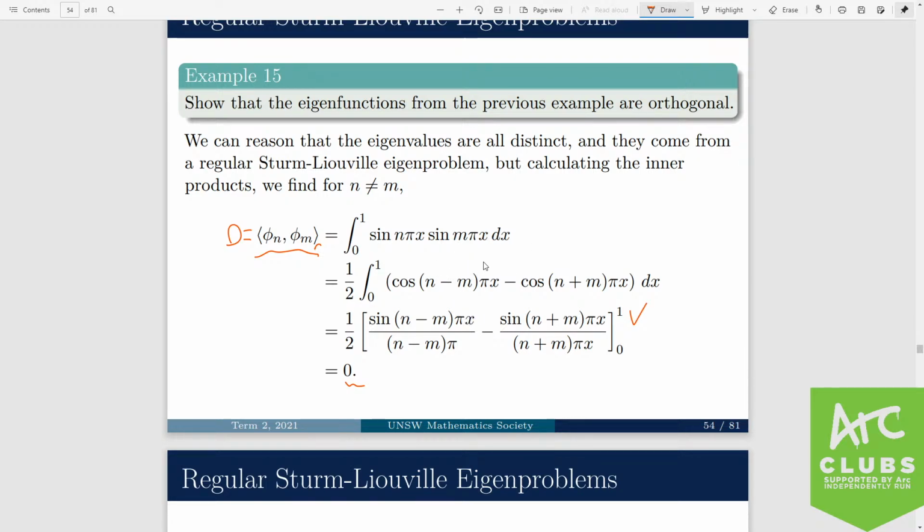So generally speaking, these will tend to equal 0 as long as n and m are not equal, and n plus m is not equal to 0. So with this, we showed that since the inner product is 0, the eigenfunctions are orthogonal.